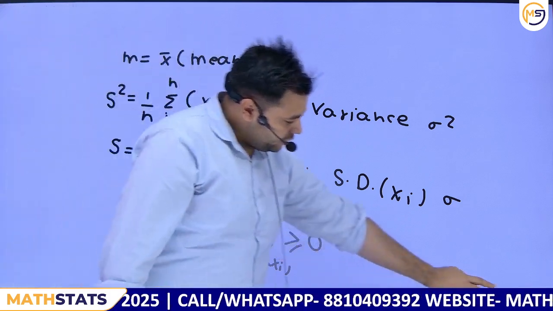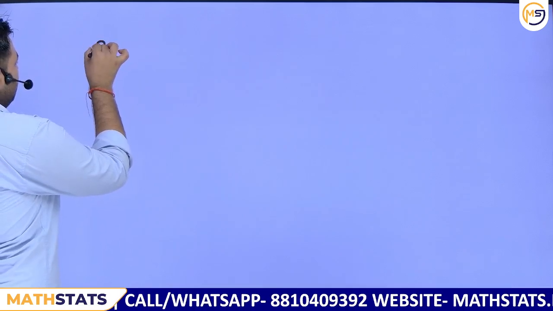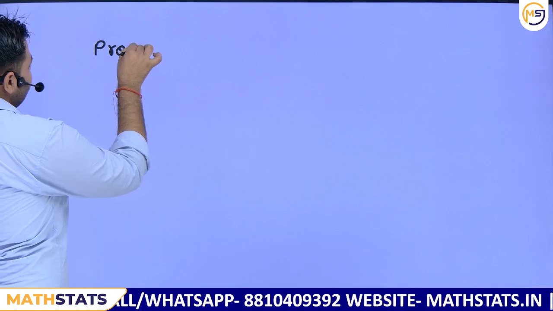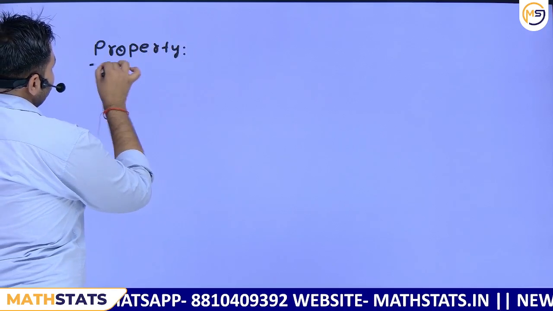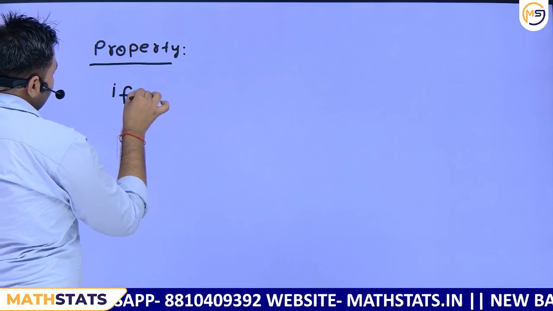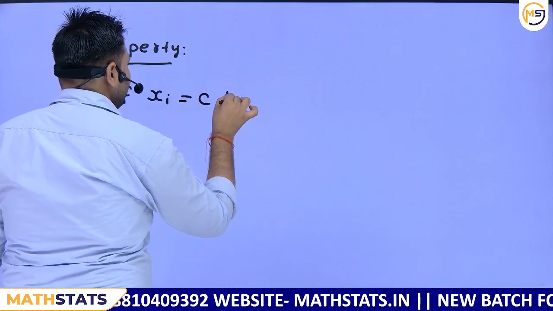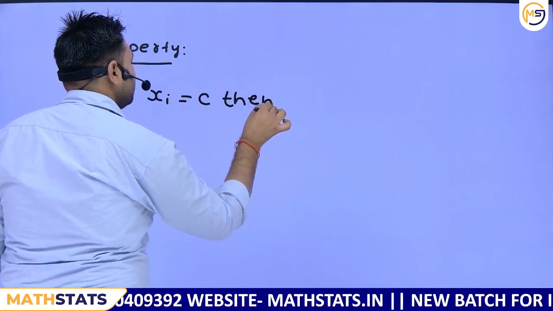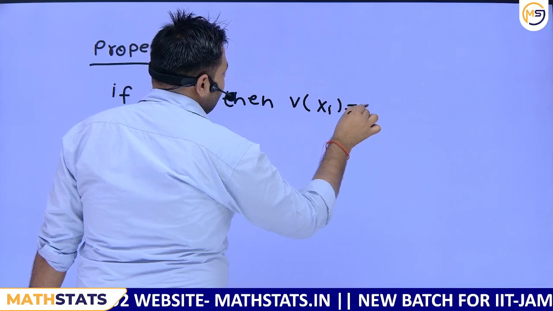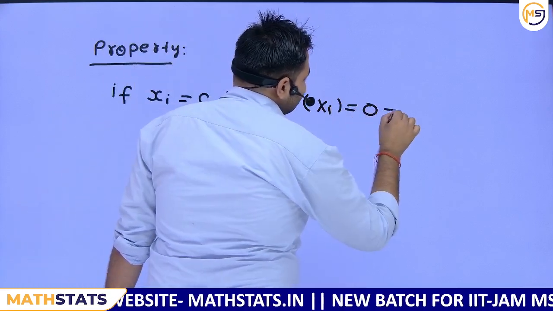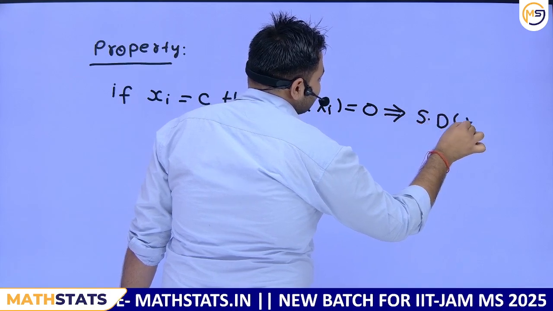Okay, so now see properties of variance. First property: if all xi equal to c, then variance of xi equal to 0 and the corresponding standard deviation of xi equal to 0.